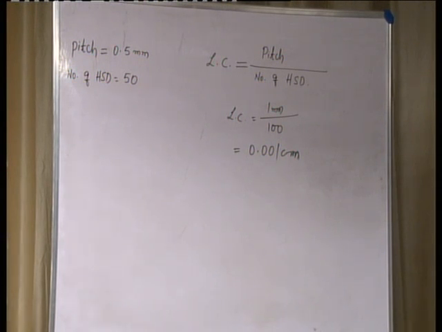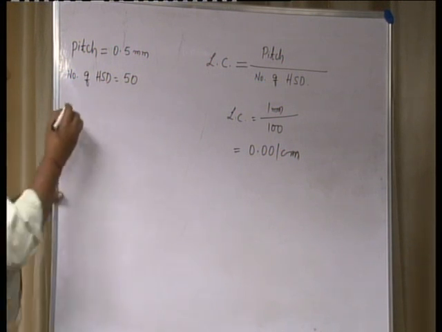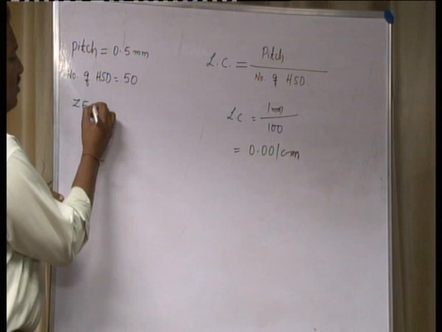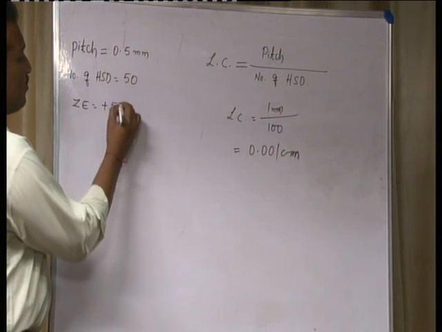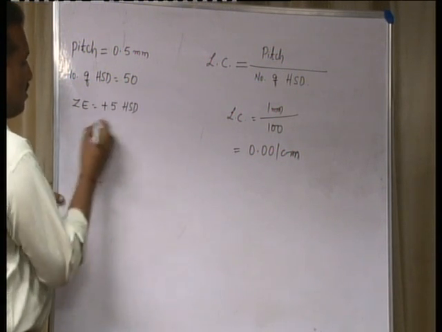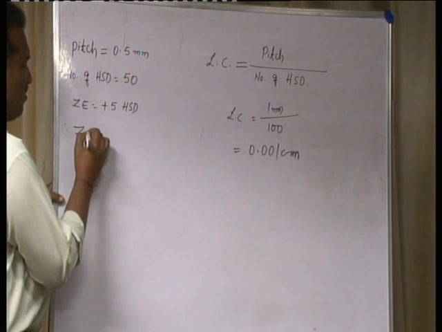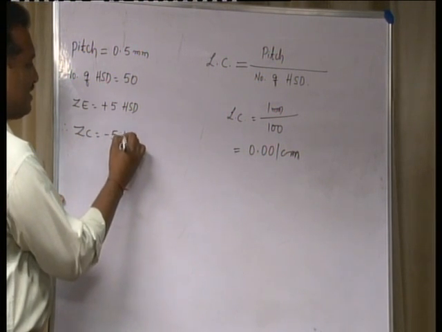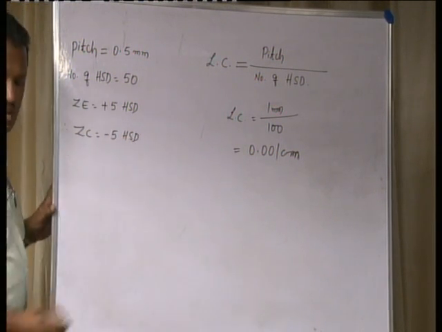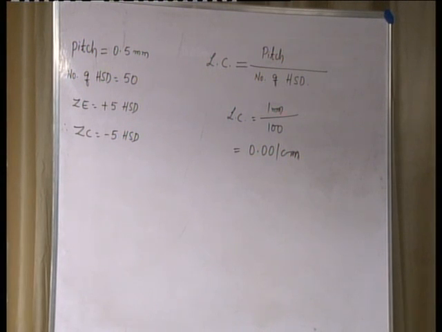So, 0 error is plus 5 instead of coinciding 0th division, 5th division of the head scale coincides with the pitch line. Therefore, here 0 error is equal to plus 5 HSD. So, consequently, 0 correction is minus 5 HSD. So, move on to the next part.